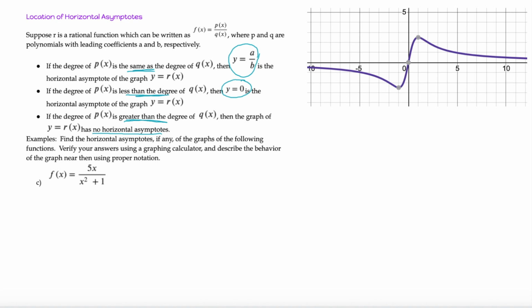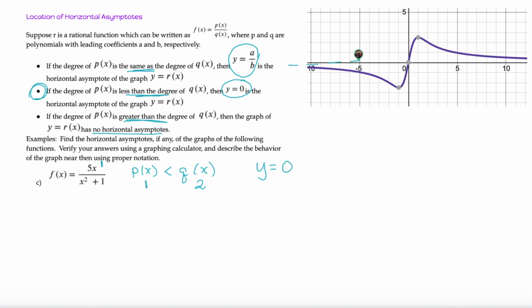Notice that the degree of our numerator, p of x, is 1, which is less than the degree of the denominator. Since the degree of the numerator is 1 and the degree of the denominator is 2, we fall in line with the second bullet, that automatically the horizontal asymptote is y equals 0.